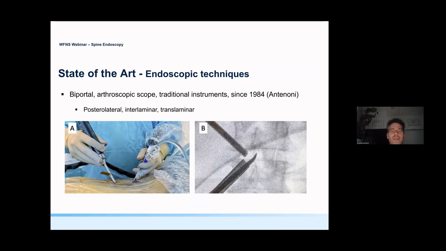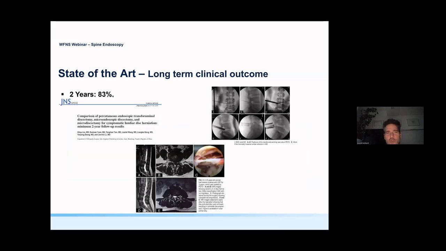And now it got back on the market, or it's popularized, and a lot of publications came out lately that reported that this technique is as safe as the microsurgical technique too.